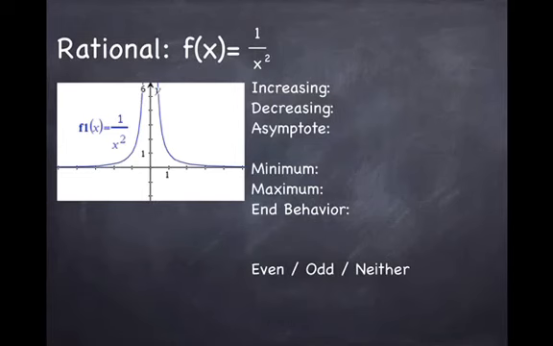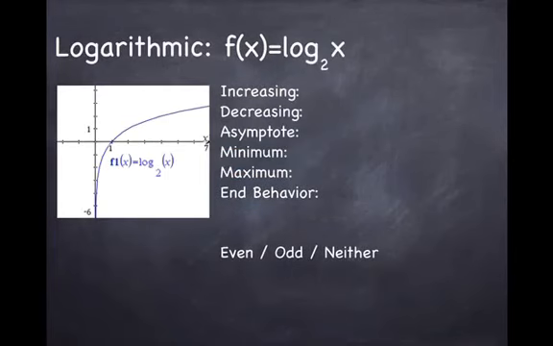All right, try to answer this one all on your own, and we can go over it in class. All right, so I'm going to cross off everything that doesn't apply, and then I want you to fill out the rest on your own.